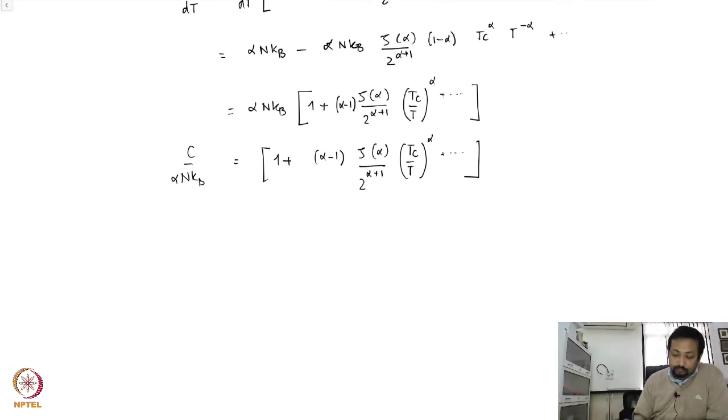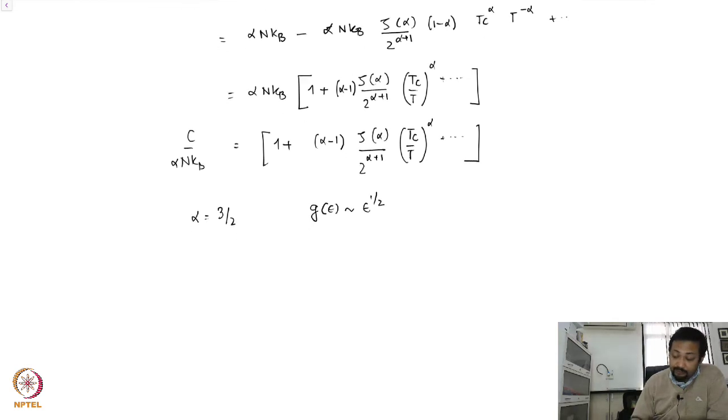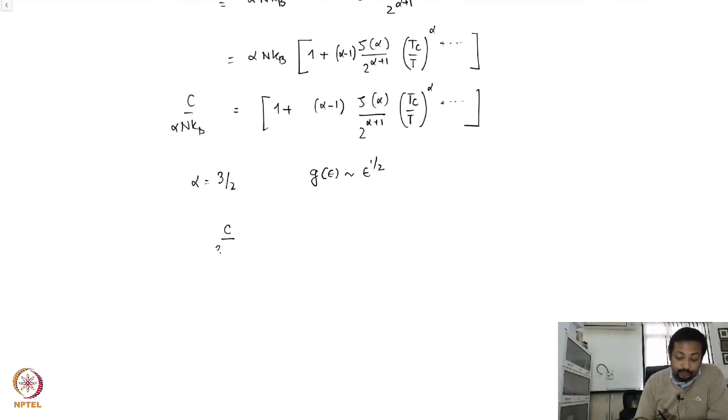Now, good. So when alpha is equal to 3/2, so that your G of epsilon goes as epsilon to the power half, this is the case for an ideal Bose gas without any confinement. Then we see that C over 3/2 NkB, this is the classic Dulong-Petit law, is going to be, well, you can take the alpha here, so that we'll keep the alpha here.